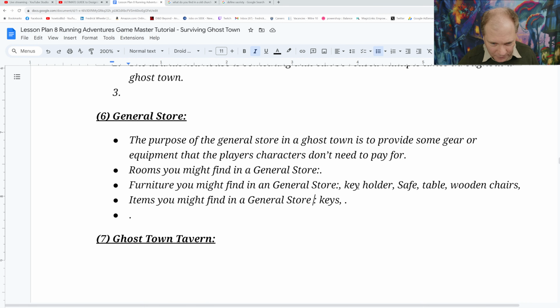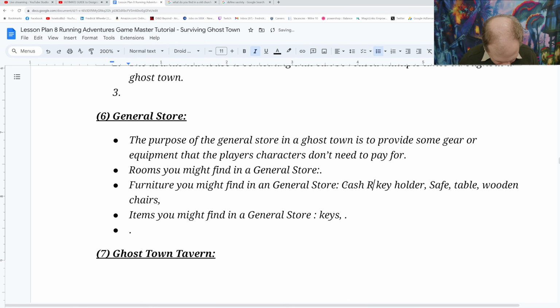Cash register. That'll be under furniture. Cash register. Yes. Counter. Yes. Counter. Absolutely. A cash box.